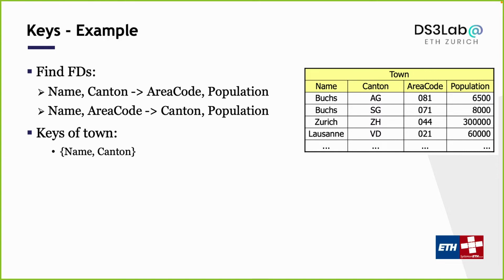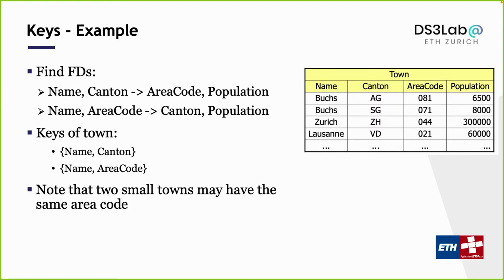So this is minimal, and there's a functional dependency from this subset to the whole set of attributes. Again, the second candidate key could be name and area code, with the same type of reasoning. So once you have this collection of functional dependencies, in principle, you can start to reason precisely and systematically about all the candidate keys you have in this relation.